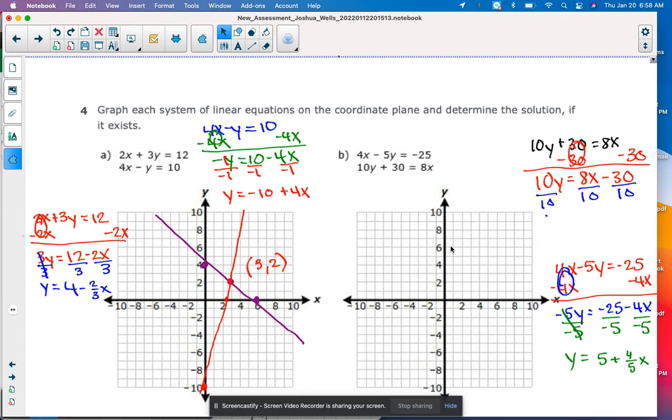And that leaves us with y equals 8 over 10 will reduce to 4 over 5 x minus 3. So if you look at both of these equations, we have the same y-intercept. So the same y-intercept, we have the same slope.